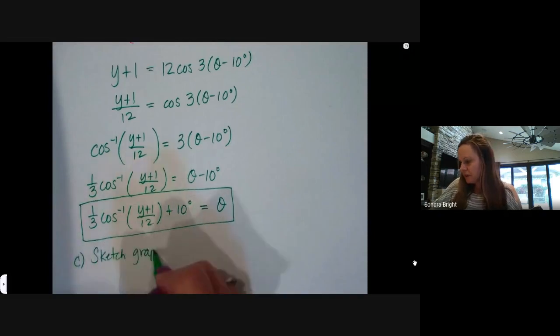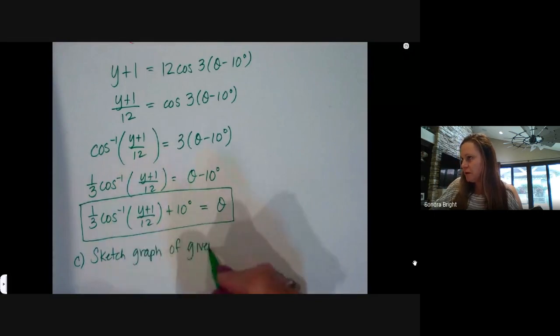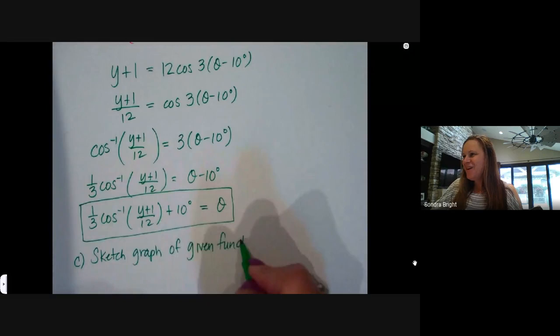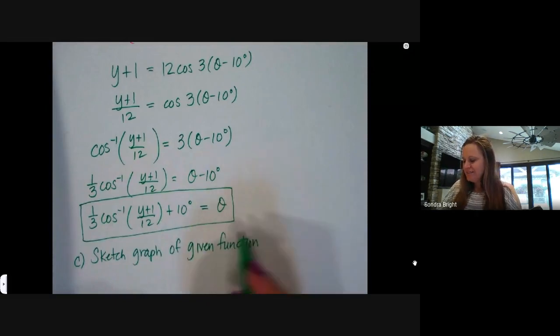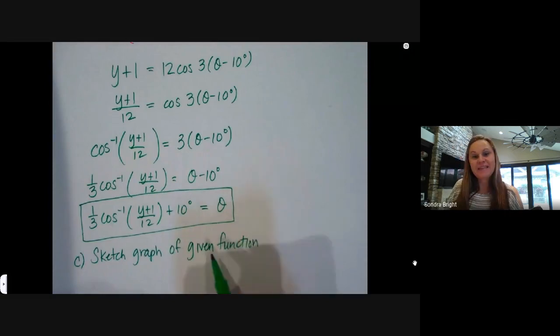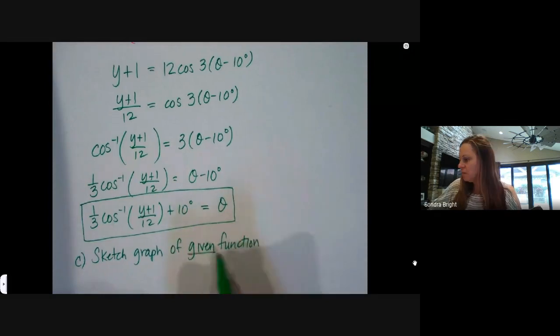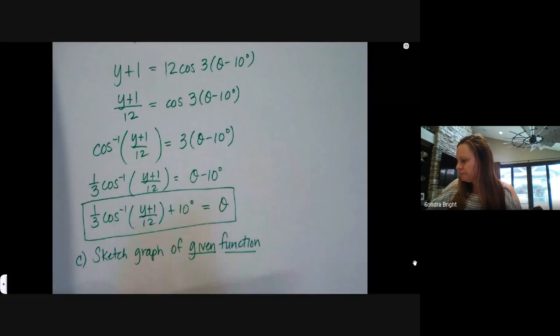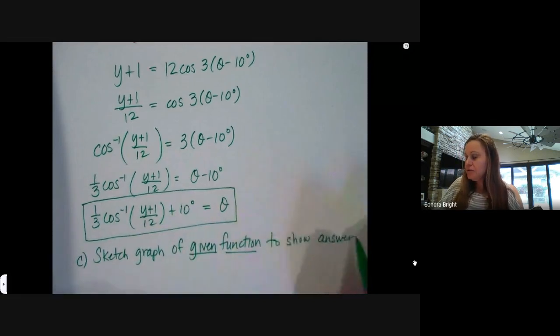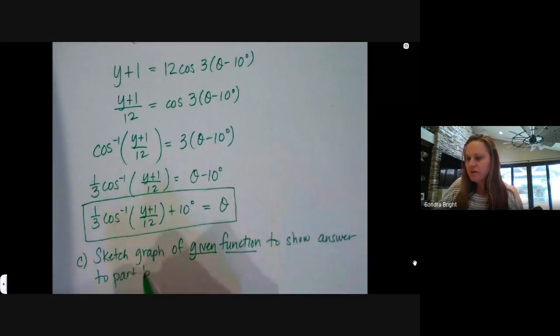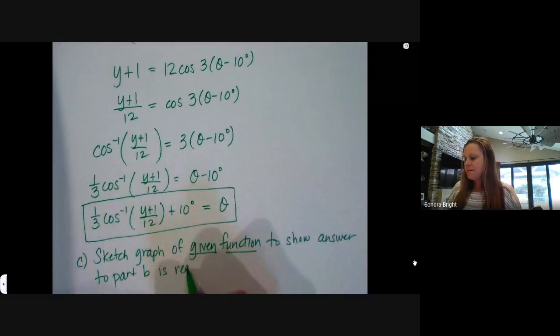So not the one we just found, but we're going to graph the given function, the one that they gave us, the original one, to show that the answer to part B is reasonable. And obviously we have not done part B yet, but I'm going to do part C first, and then we'll have the graph all ready to look at, right?